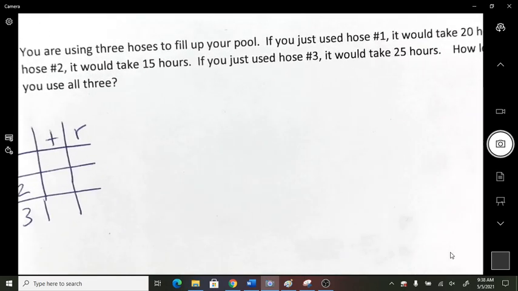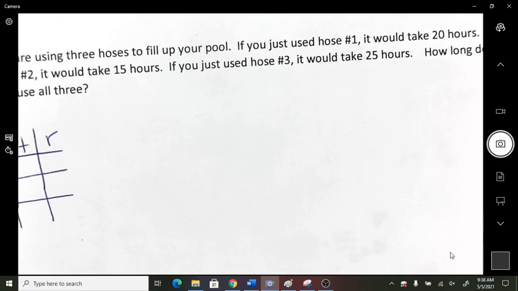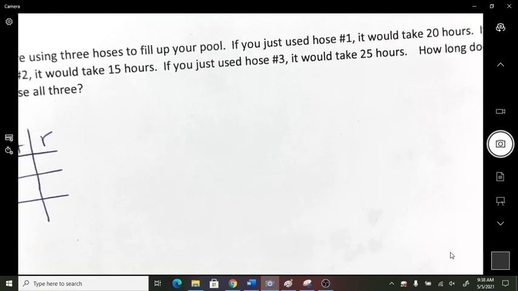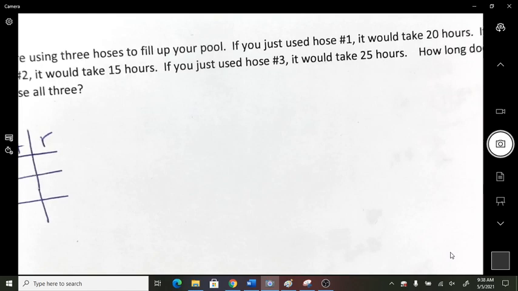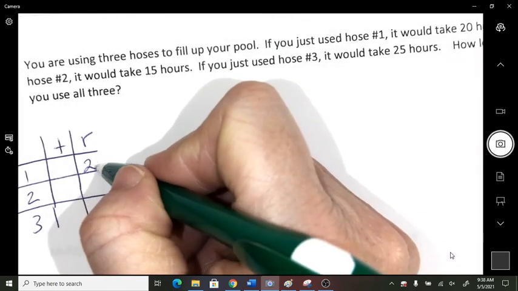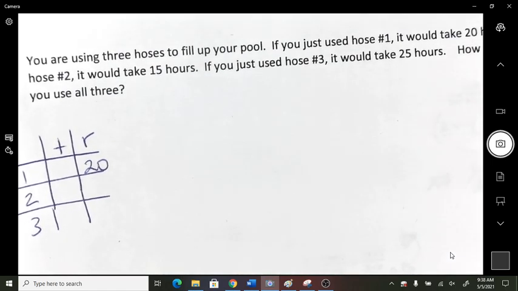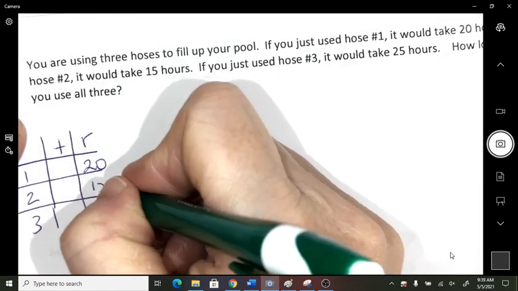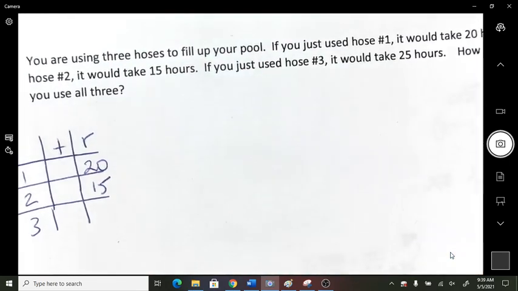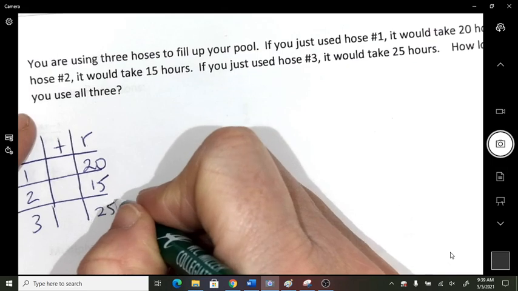So if you're going to use just the hose number 1, it would take you 20 hours. So is that a time or is that a rate? A rate. If you're going to only use hose 2, it would take 15 hours. Also a rate. And if you're only using hose 3, it was 25. Also a rate.